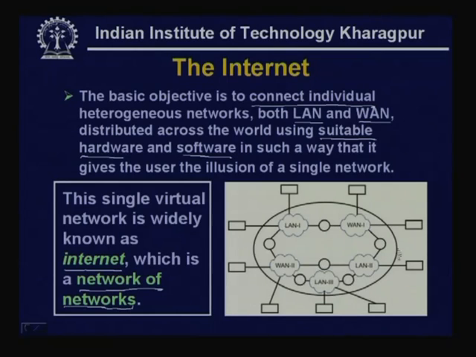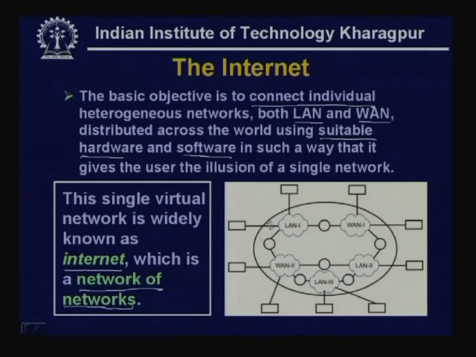As you can see in this diagram, we have several LANs, LAN 1, LAN 2, and a number of wide area networks, WAN 1, WAN 2, and LAN 3. Several LANs and WANs are interconnected together, and this forms the Internet. Here are the users or stations connected to different LANs and WANs.